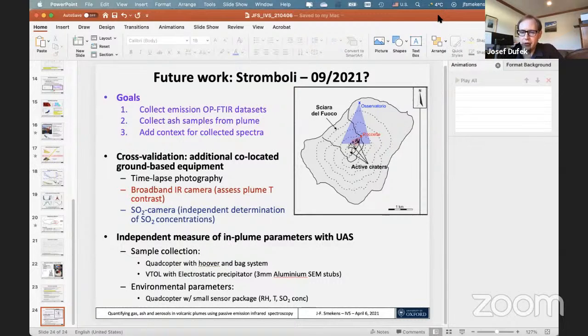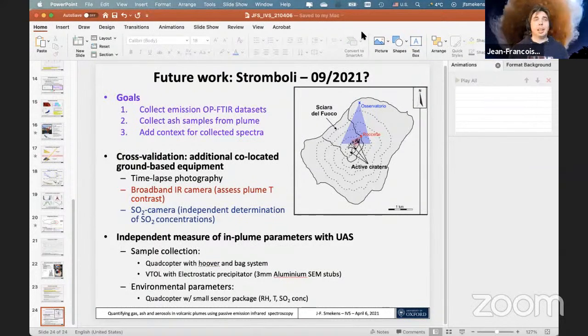I had a question about how you alluded to satellite and these ground-based measurements and making comparisons. I've wondered if you've had a chance to try any of this out, or if it's a future plan. Yeah, that's a future plan. Stromboli is probably not the right target, especially when thinking about infrared instruments like IASI or AIRS.